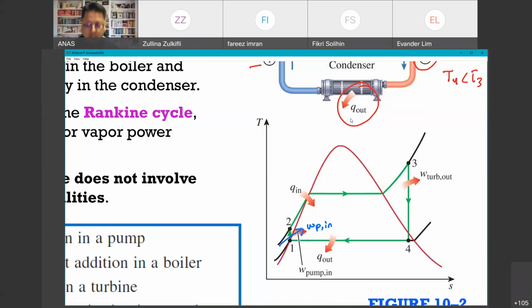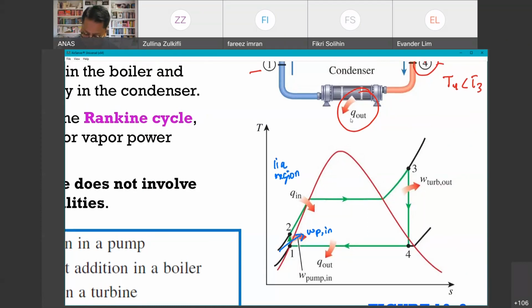And if you notice, compared to the Carnot cycle just now, instead of being under the dome, we now have our compressor located outside the dome, which is in the liquid region. So the compressor basically just compresses the liquid from 1 to 2. And from 2 to 3, this is Q in. So this is the boiler basically.